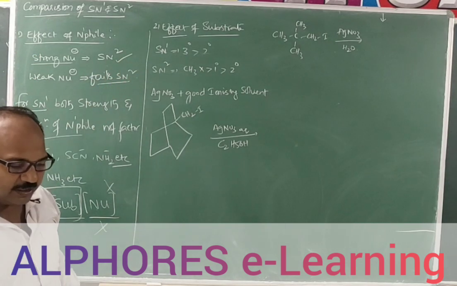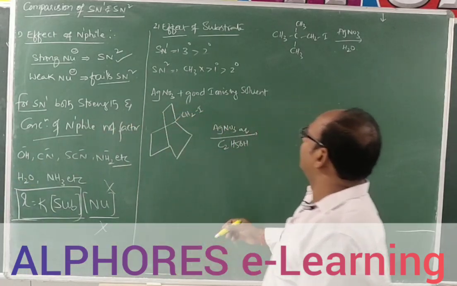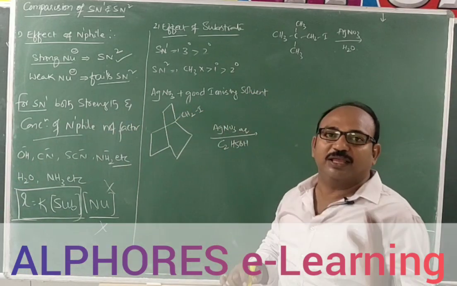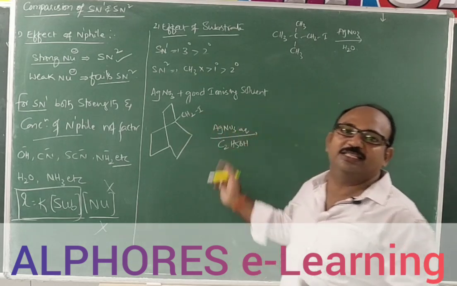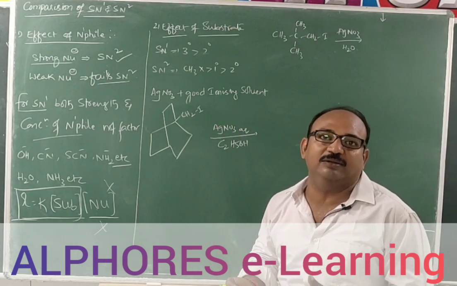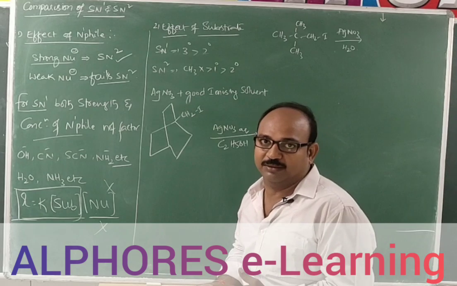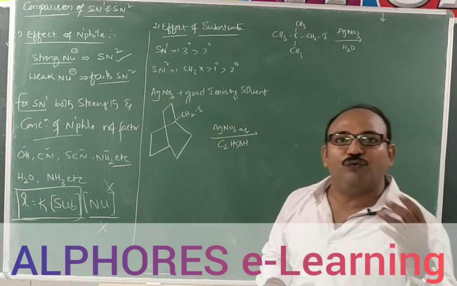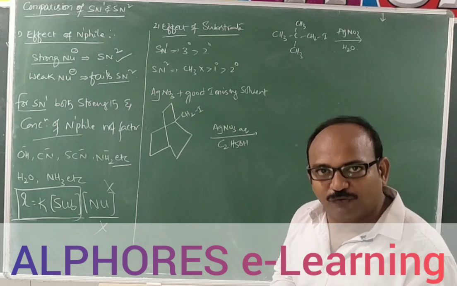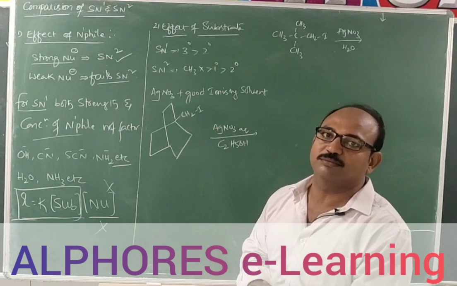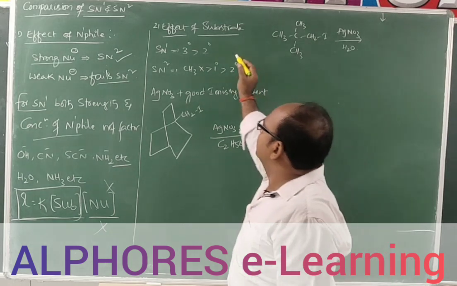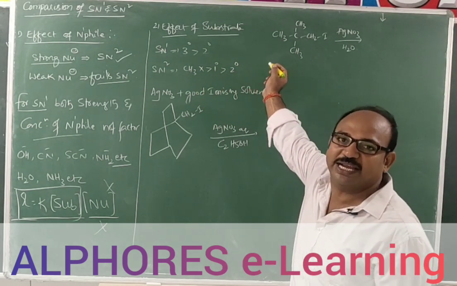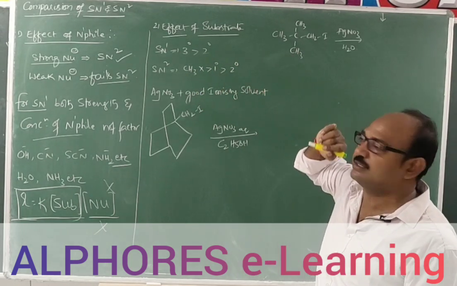Second one, effect of substrate. Earlier we discussed methyl, primary, secondary, tertiary, allyl, benzyl, vinyl and phenyl. We already learned that vinyl and phenyl halides fail for both SN1 and SN2. Now let's come to methyl, primary, secondary and tertiary.